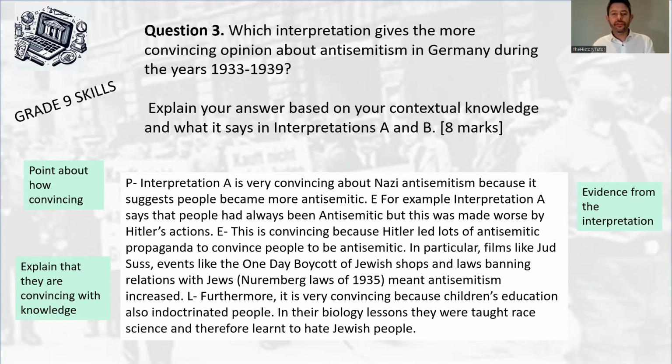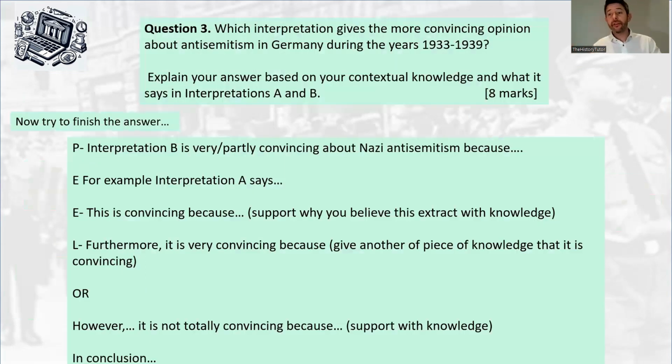Further made worse by children's education, which indoctrinated them, biology lessons that taught race science. So all those things backing it up. Okay, so you can see I've gone with two different pieces of knowledge to support it. The key thing here is lots of knowledge to back up your idea. Okay, now you can give a go at the other extract and give a conclusion. So good luck with that. And yeah, keep practicing those skills.